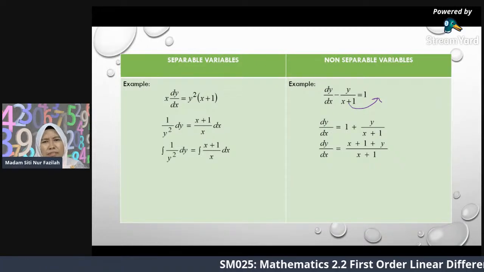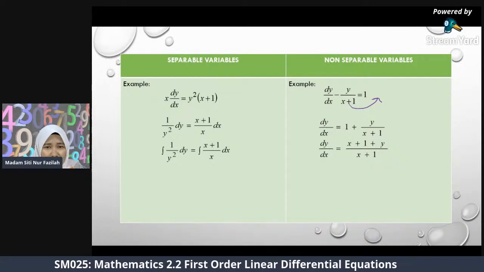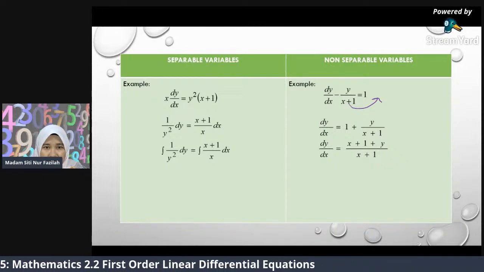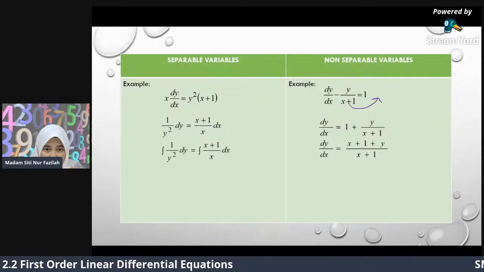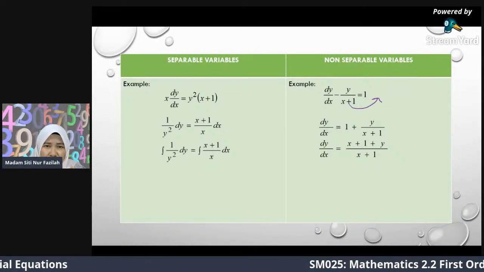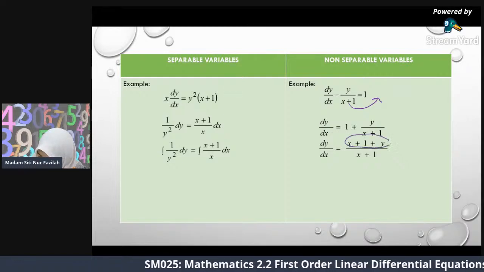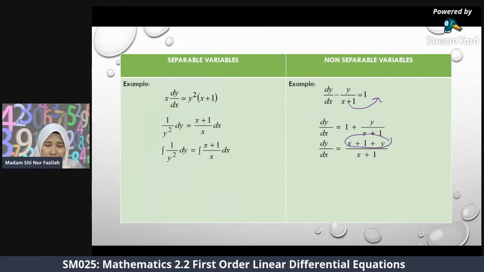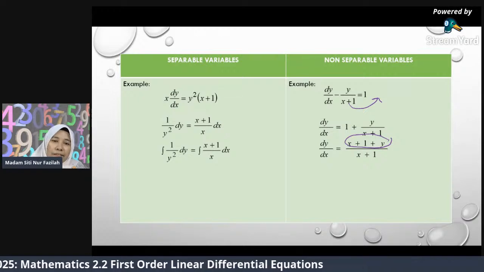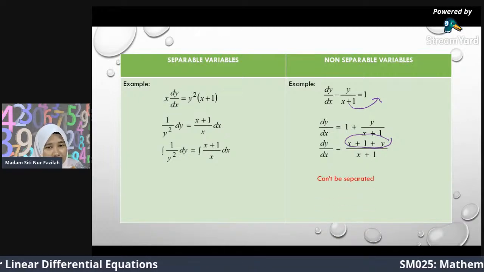We know that in this equation, we cannot separate the function of x and the function of y. We can say it cannot be separated.